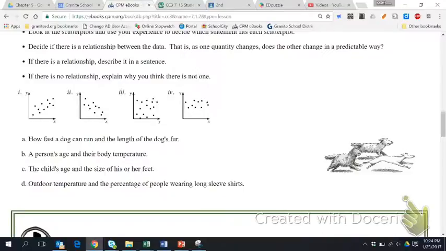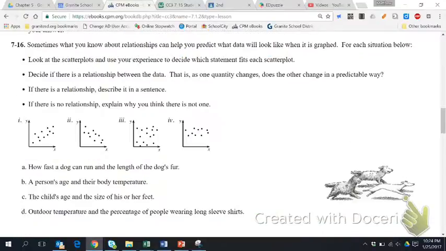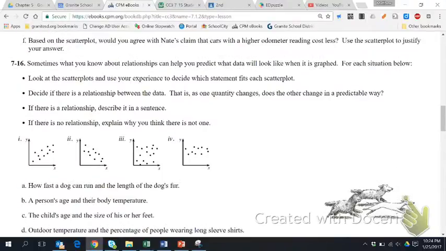So we're going to look at the scatter plots to figure out which statement fits with each scatter plot, and decide if there's a relationship between the data. Does it change in a predictable way? That's what we're talking about when we say there's a relationship. It seems to be changing in a predictable way. If there is a relationship, describe it in a sentence. If there is no relationship, describe why you think there is not one.